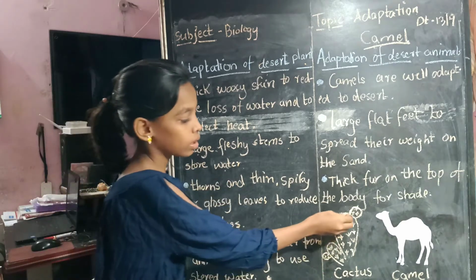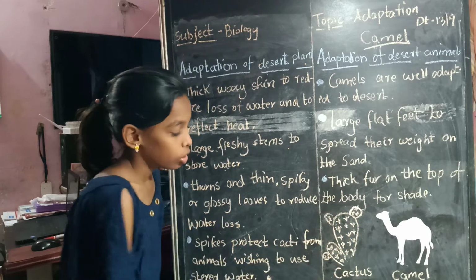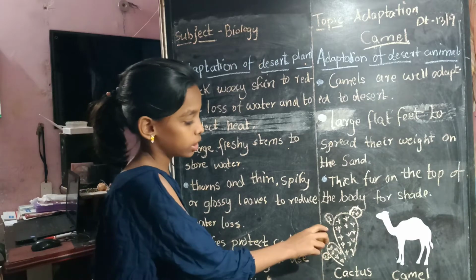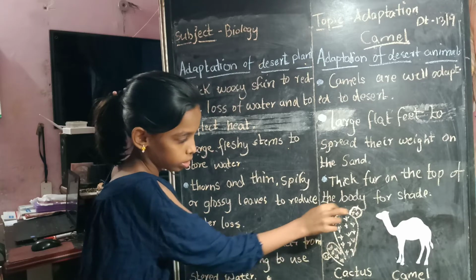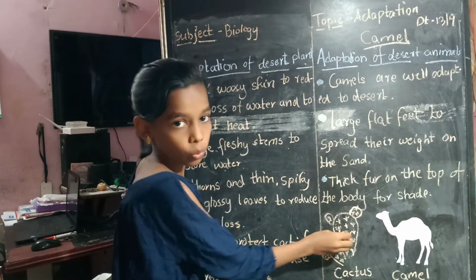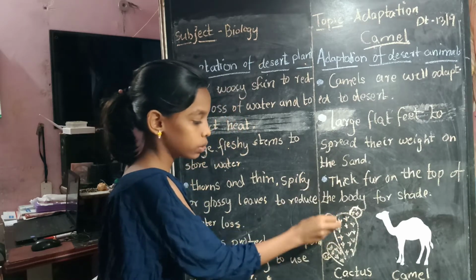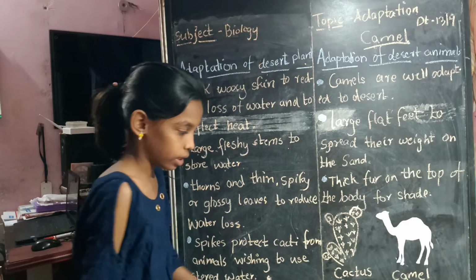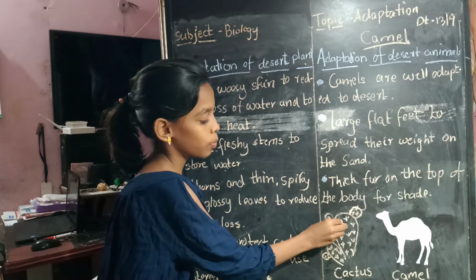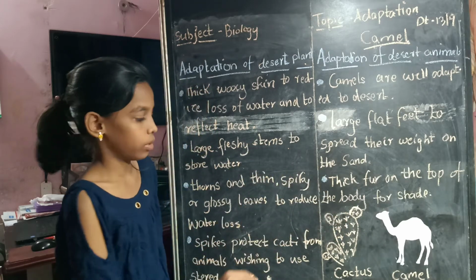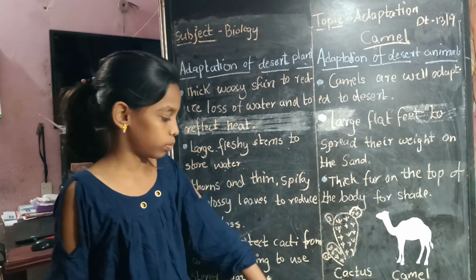So the cactus is protected from the animals by small spikes and thorns over here. This will help so that no animals can come near it. The spikes and thorns will poke the animals. That's why the spikes are there in the cactus plant.